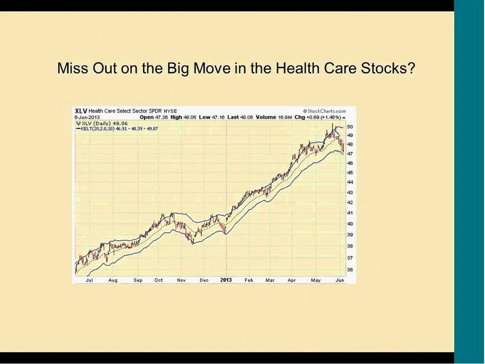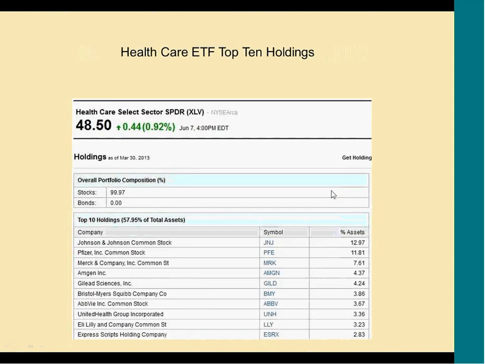So if you want to get a low risk entry and participate in this move in the healthcare sector, what you can do is a married put trade, which I did, and my brokerage confirmations show that I bought 100 shares at 48.62, bought the 49 strike put at 23, and of course this created a married put trade.